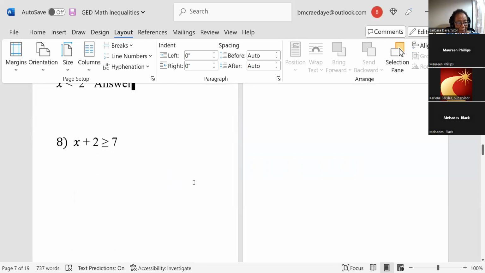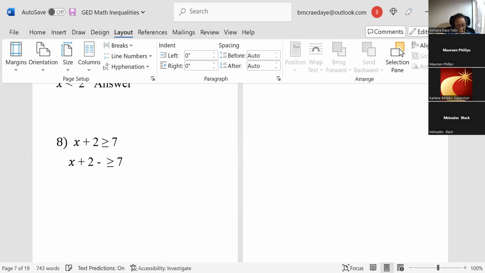Maureen, number 8. What's the answer? Mental math. You add two? No, 2 and 2, Maureen? You still have a constant on the right if you add 2. That means you've got to subtract the 2, right?